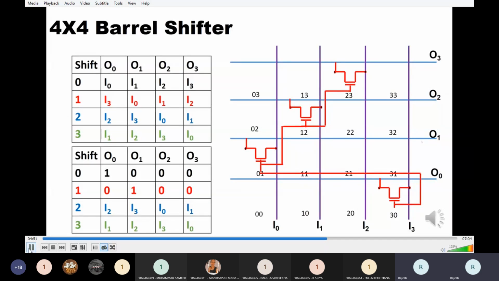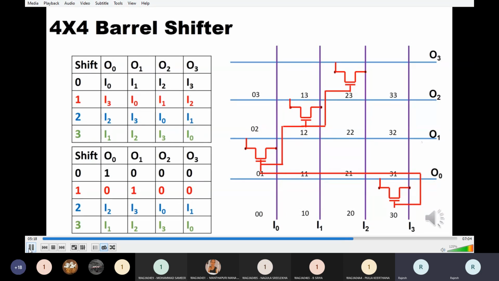For a 1-bit right shift, the transistors 0,1, 1,2, 2,3 and 3,0 must be on, and hence we have shorted all the 4 gate terminals of the given transistors as shown in the figure.